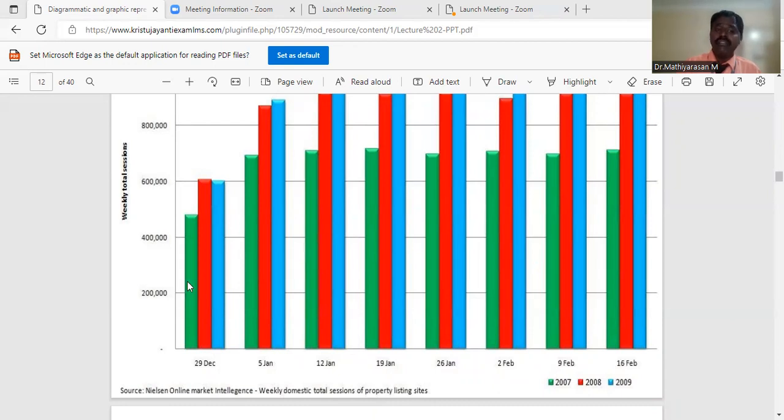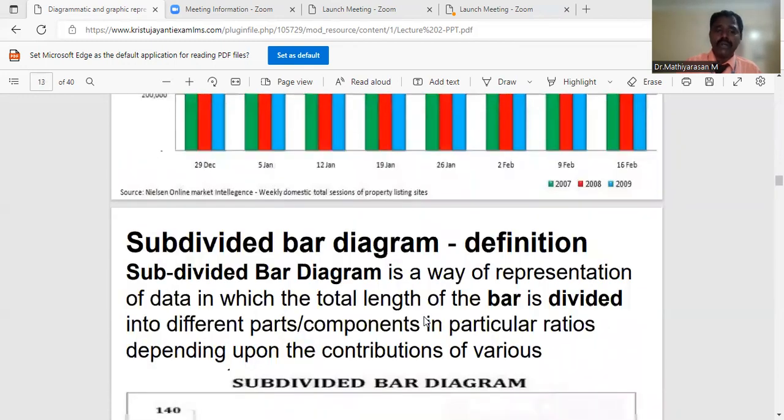Like that, for the different time points they have given the weekly total domestic sessions of the property. So this is known as multiple bar diagram.